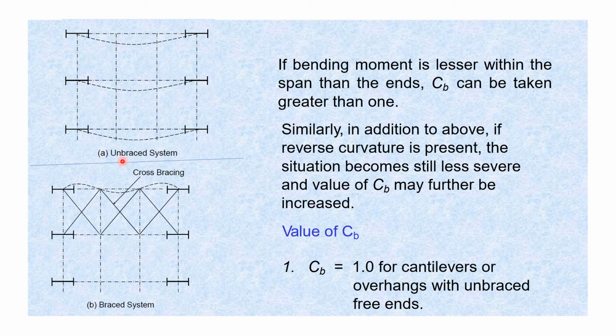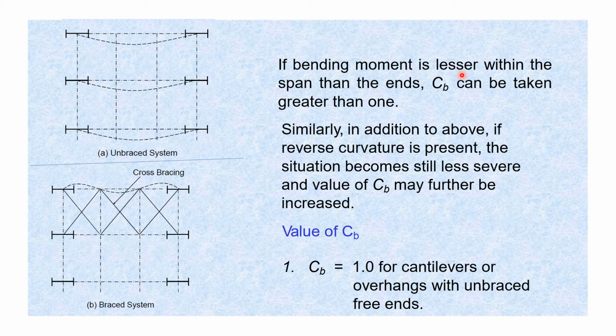Here is the maximum, but here is not maximum. The phenomenon is changed. Now we can increase our Cb value and get more moment capacity from this beam. The length of the beam from this point to this point is large, but due to the cross bracing, you can see the moment diagram is not much, or the deformation values are not much.